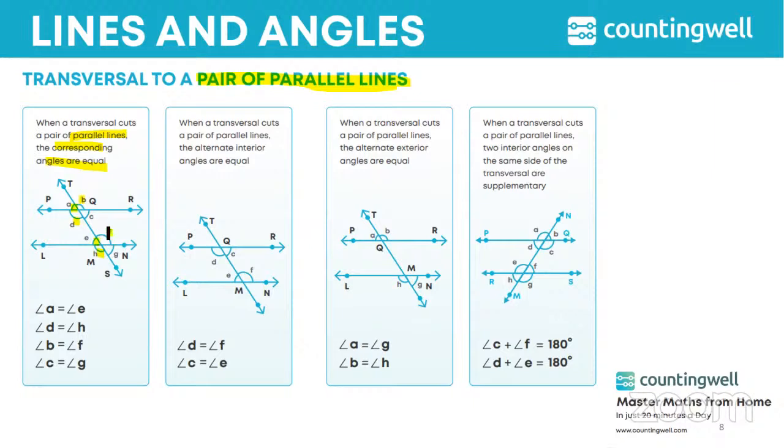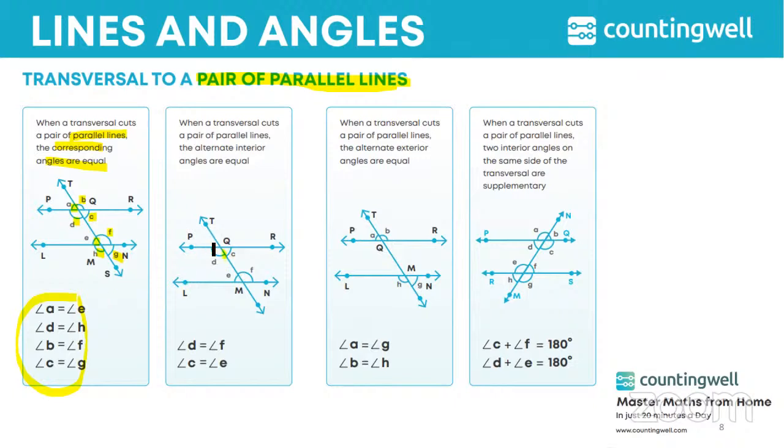Angle B and angle F are corresponding angles. Angle C and G are corresponding angles. As the transversal TS is a transversal to parallel lines PR and LN, this pair of corresponding angles are equal.